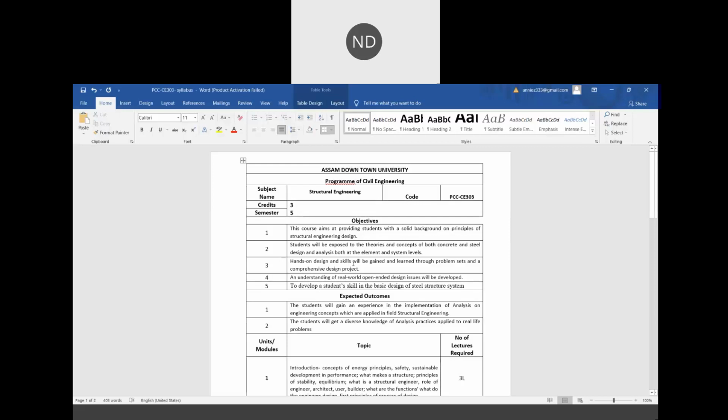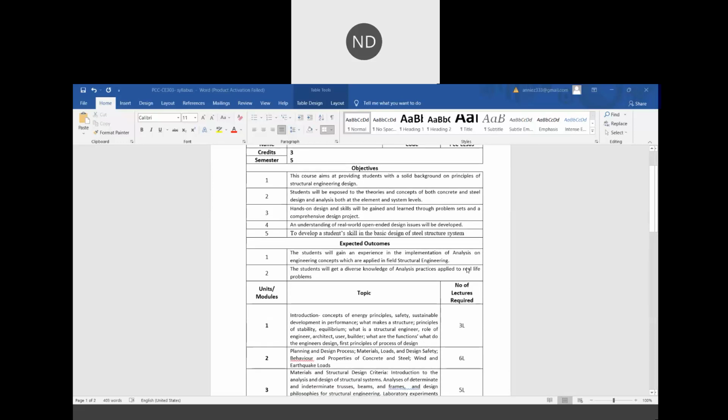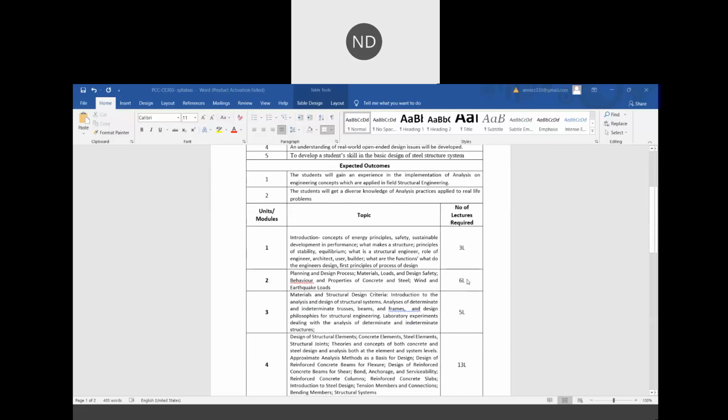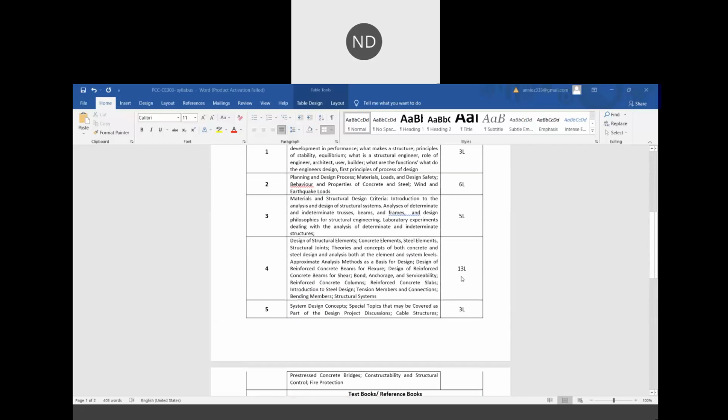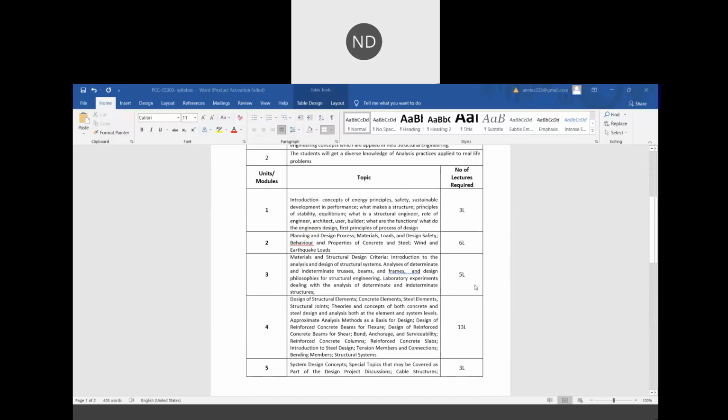So this is your syllabus, okay? Subject code is PCC-CE303 Structural Engineering. There are 5 units. First will be your introduction, the basic notion about structural engineering.